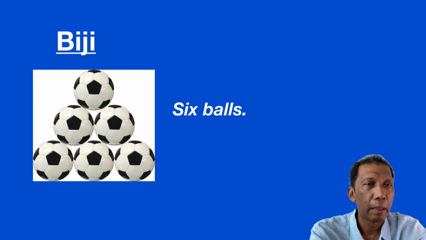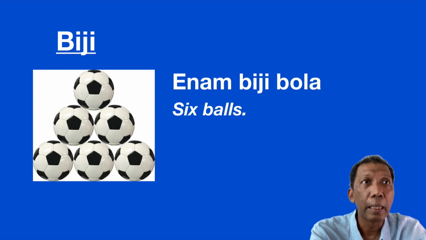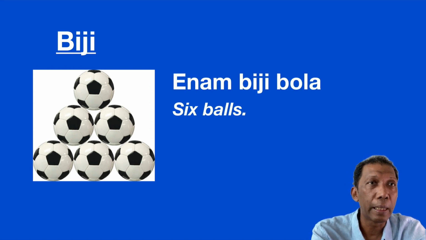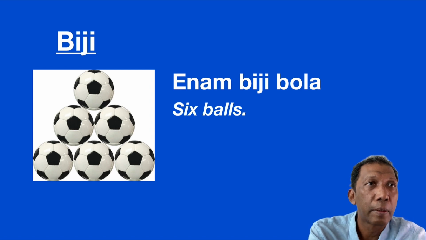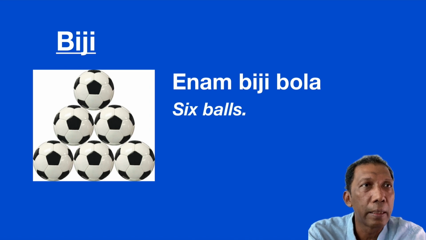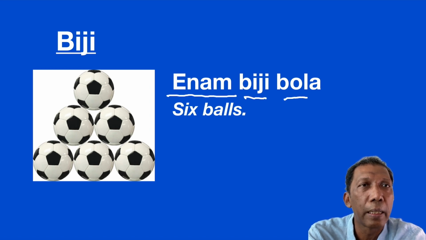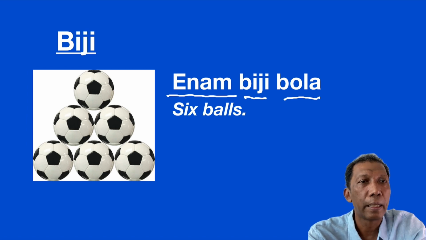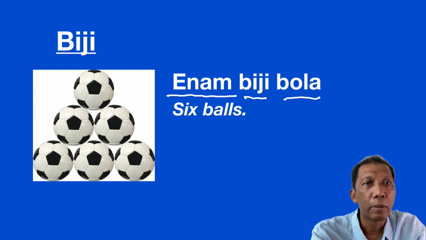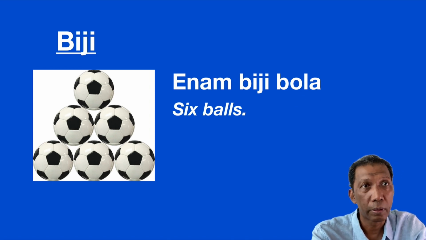In Malay, it would be 6 biji bola. 6 is the number, biji is the counter and bola is the item. So that's how we say 6 balls in Malay.